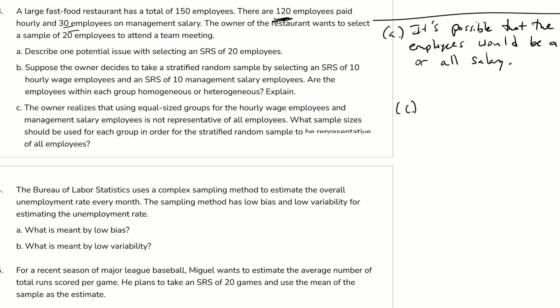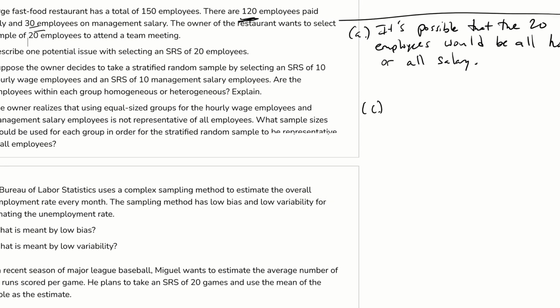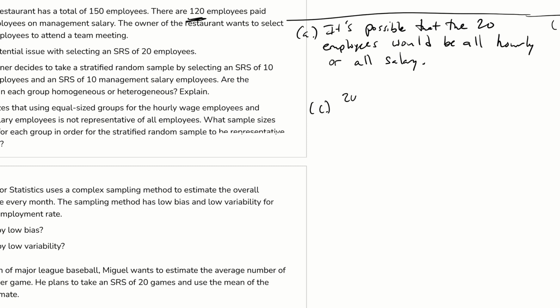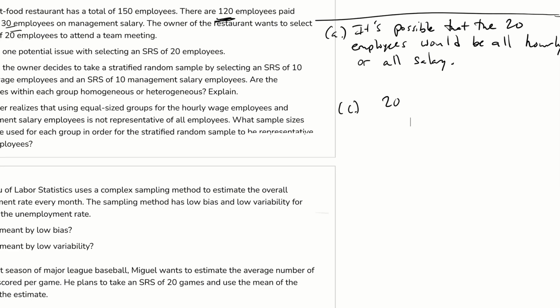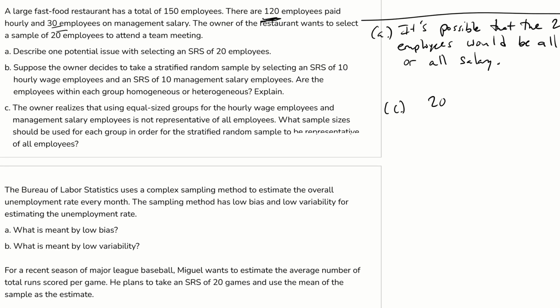And so in this case, since we want 20 employees, let me just put we want to choose 20 people. That's the total number of people in our sample. Now for the first group, the hourly employees, 120 out of 150 employees were paid hourly.